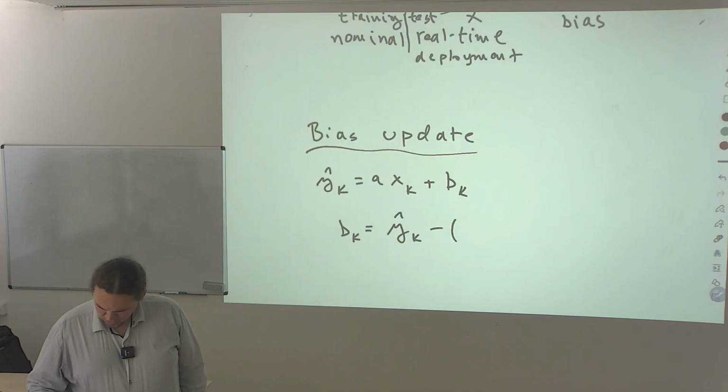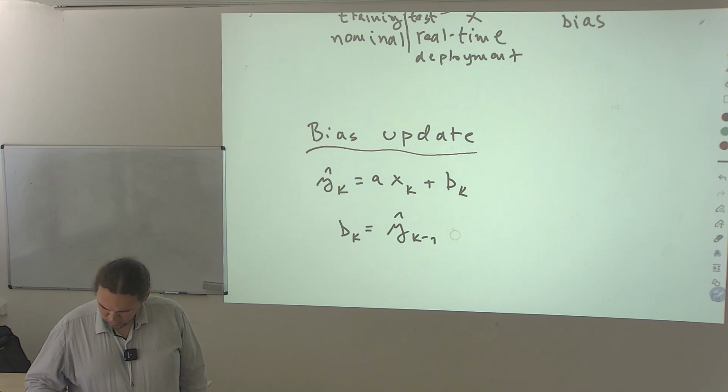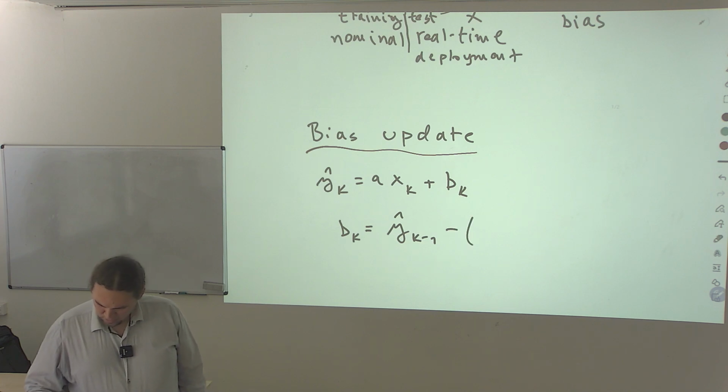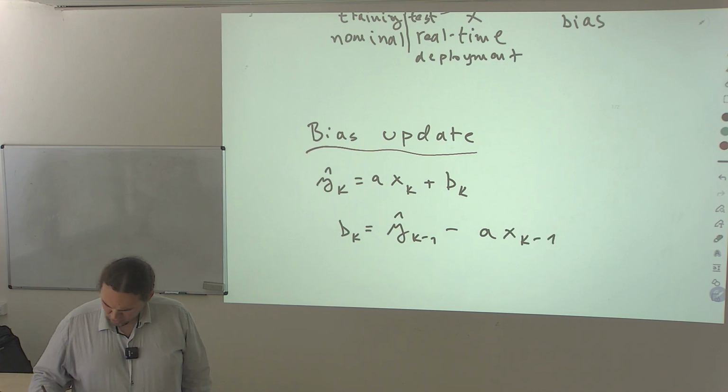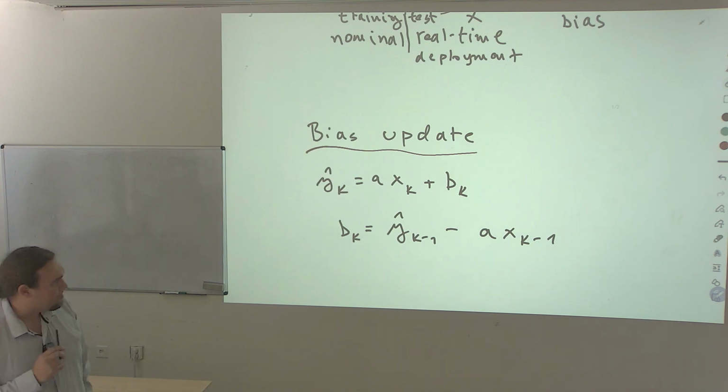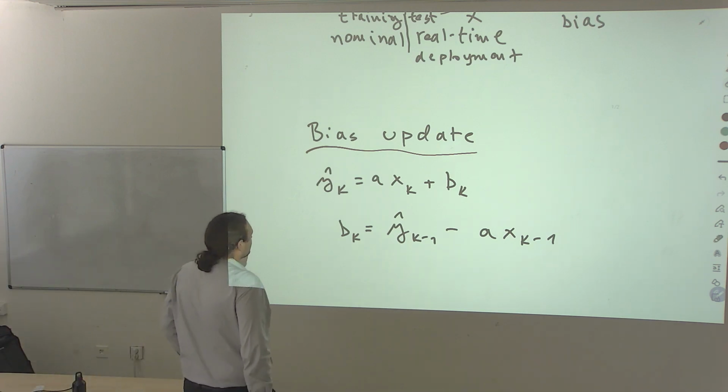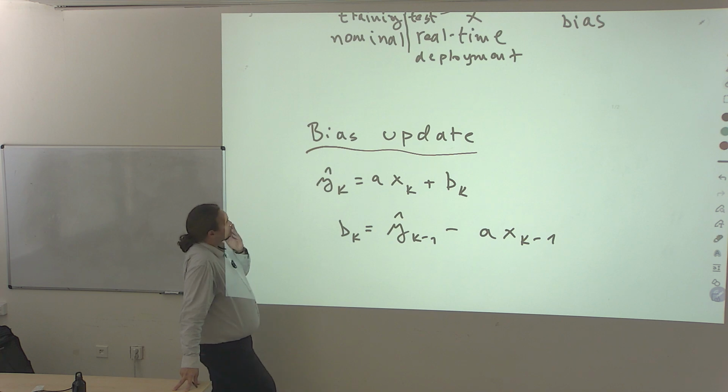Let's see how it goes in the past: k minus 1, minus a x k minus 1. Yeah, this could work.